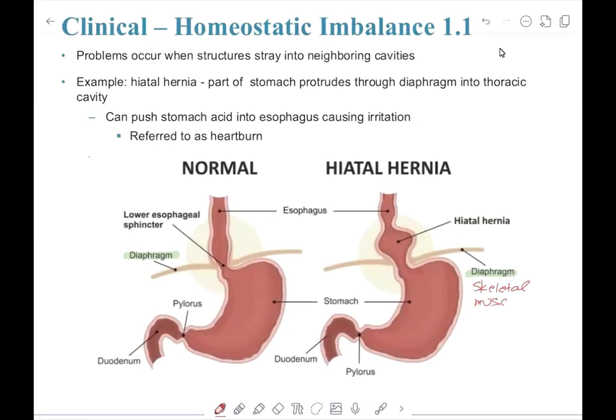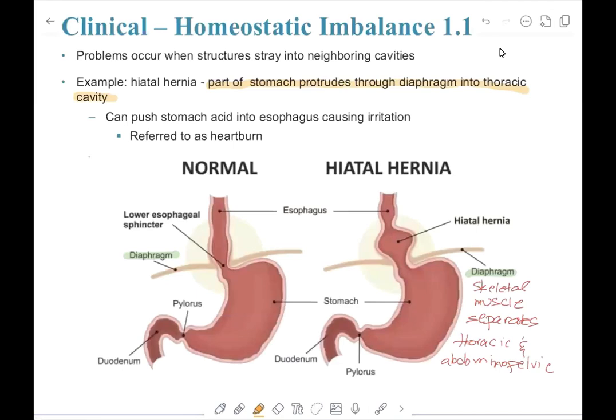And in this case, this skeletal muscle separates the thoracic and the abdominopelvic cavities. Now, when somebody has a hiatal hernia, there's a part of the stomach that is where it should not be. And that part of the stomach is protruding through the diaphragm into the thoracic cavity.